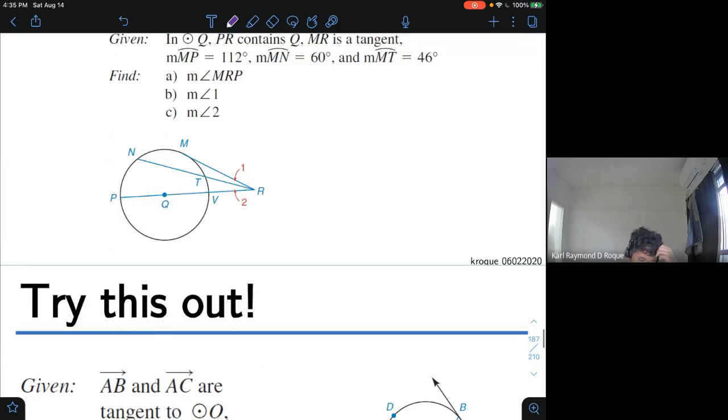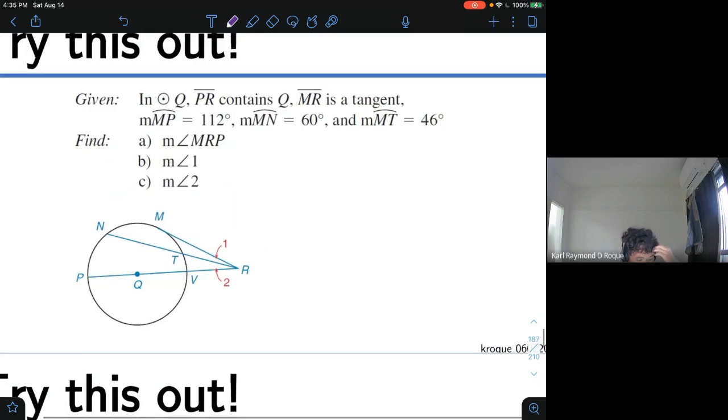Next. Ito. In circle Q, PR contains Q. MR is a tangent. NMP is 112.